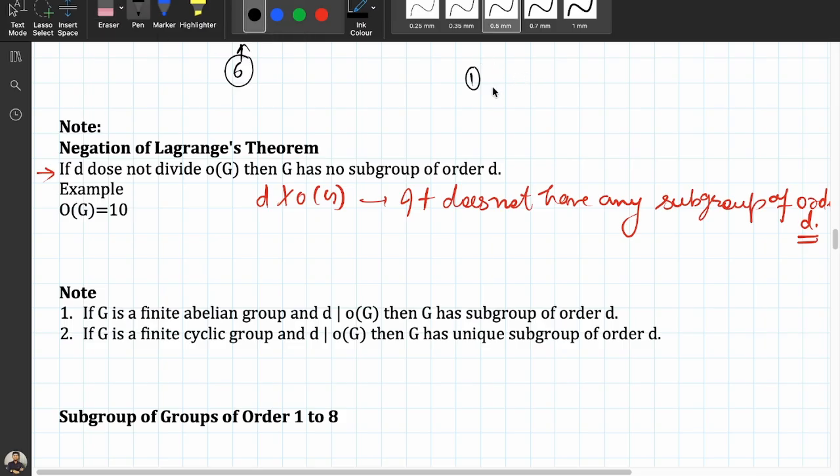Lagrange's theorem says that the order of H divides the order of the group. The converse is what?